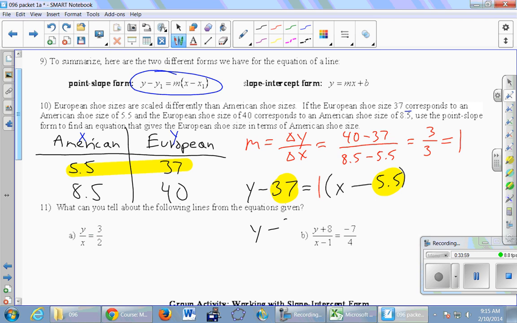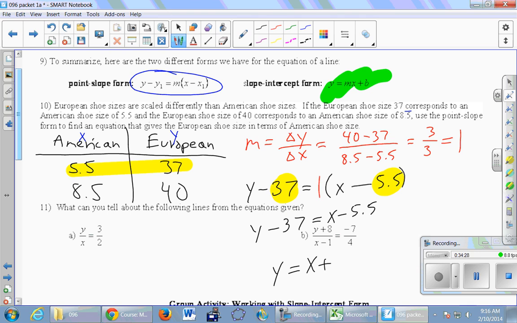So first thing I'll do is distribute that 1. But multiplying by 1 doesn't change anything, so I'll just write this. And then if I really like this green equation here, I got to solve for y. What's the one step to solve for y? Add the 37. So we add 37 to that.